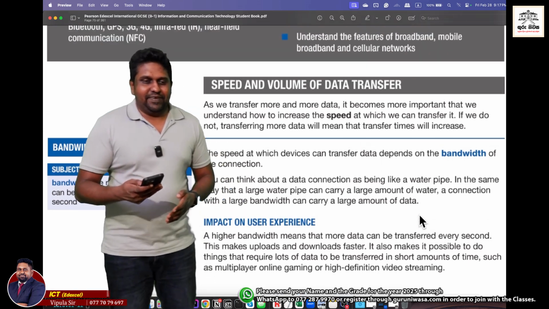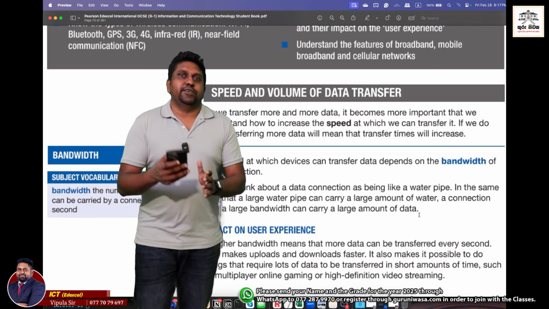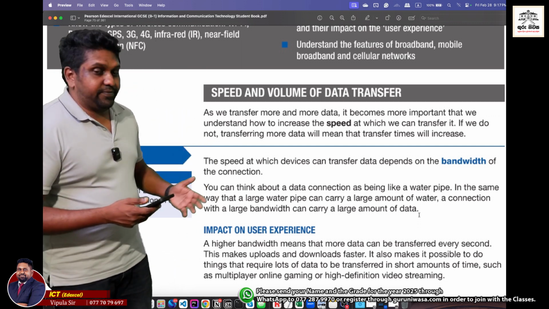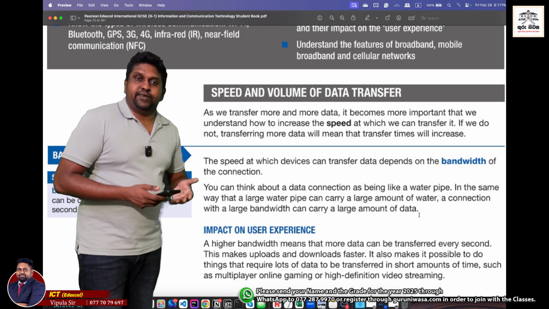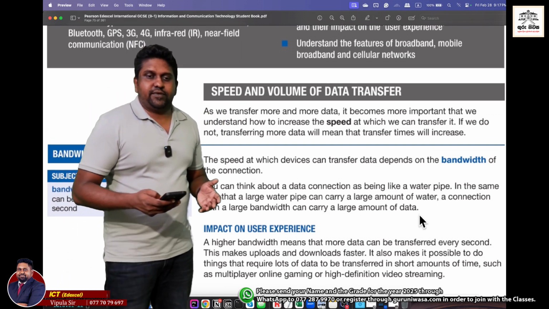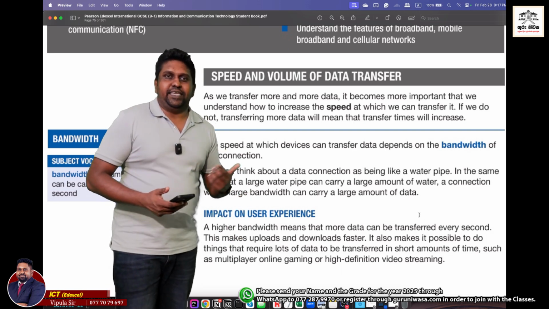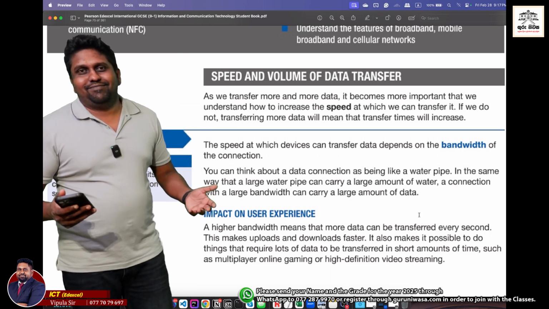Okay, so when it comes to digital communication, there are a certain set of points which we must talk about. So primarily, the first primary point is speed and the volume of data transfer. Now when you start watching a YouTube video, if the video becomes laggy or it starts loading, obviously you are going to get mad, right?